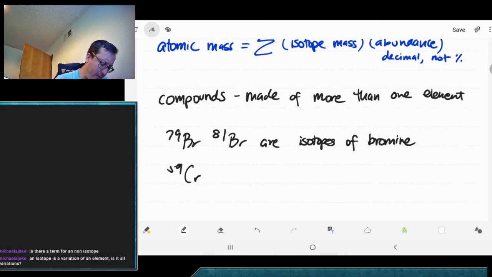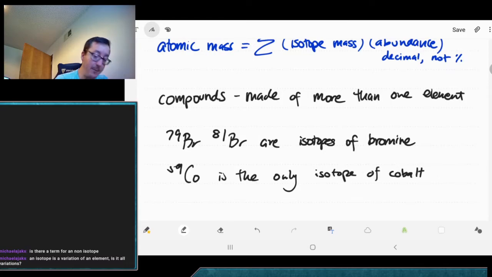No, is it cobalt? It's cobalt. This is the only isotope of cobalt. And I'm not lying, cobalt only has one stable isotope. So the term can be used even if there's just one.